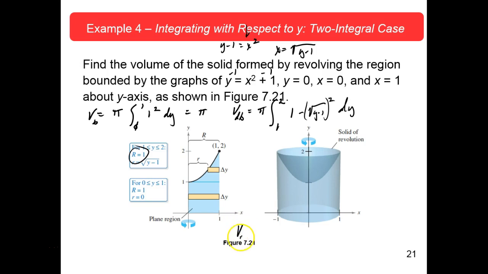V of the dog bowl, that's not what the book calls it, is pi times, let's carry this one more step, times the integral from 1 to 2 of 1 minus, and what is square root of y minus 1 squared? y minus 1. Okay, dy.